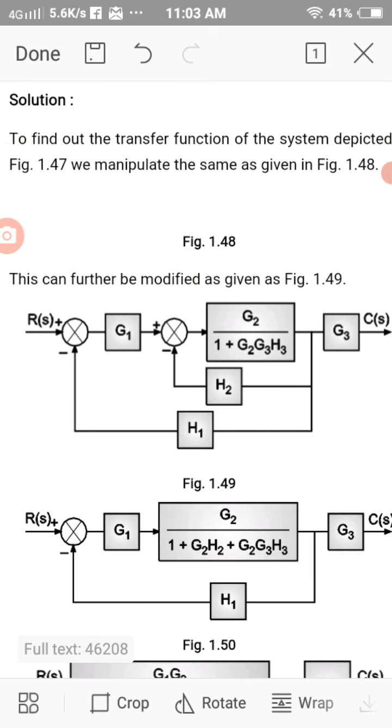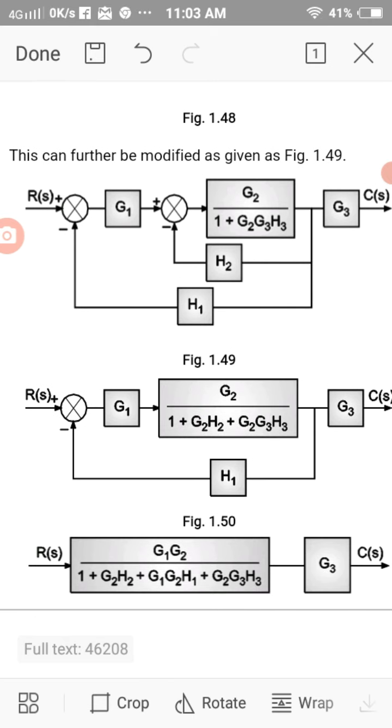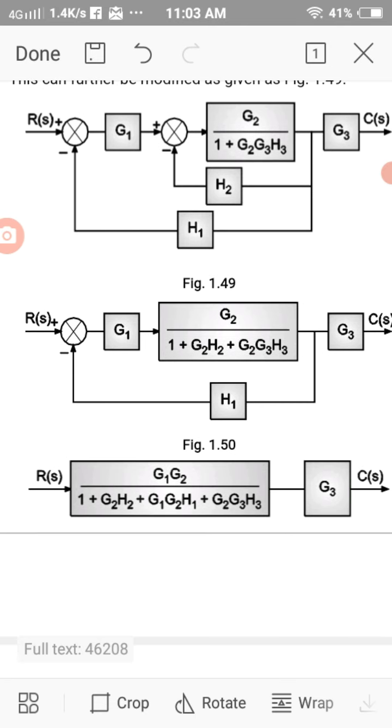Now this block G2 upon 1 plus G2 into G3 into H3 combines with H2 feedback and this becomes G2 upon 1 plus G2 H2 plus G2 G3 into H3. Again it is multiplied by G1. G1 is very close to this, so it is multiplied by G1 and it is in parallel with H1.